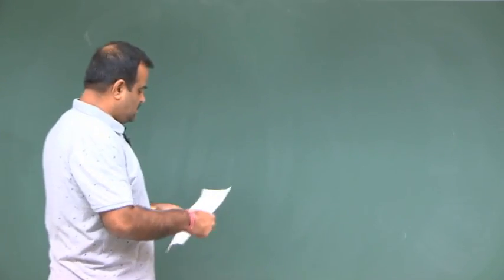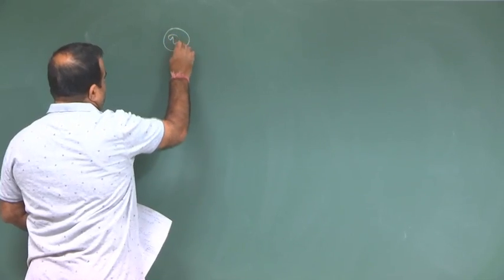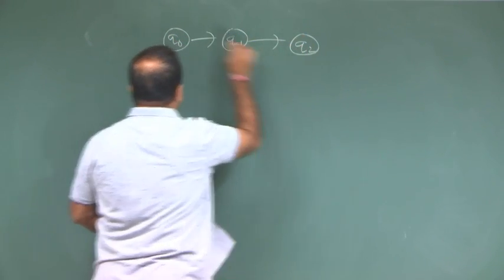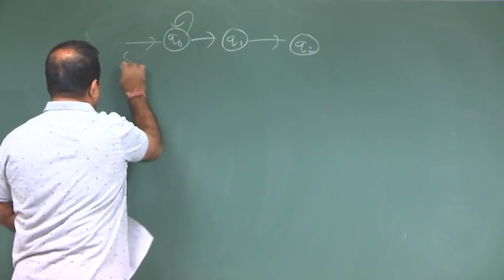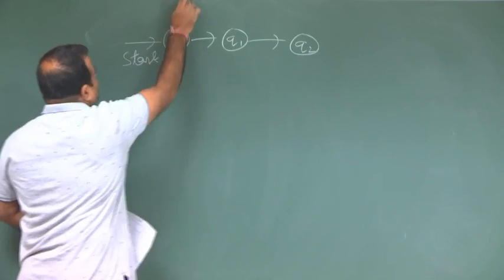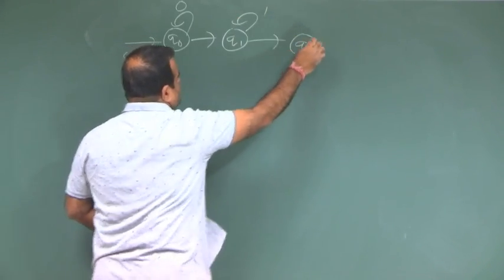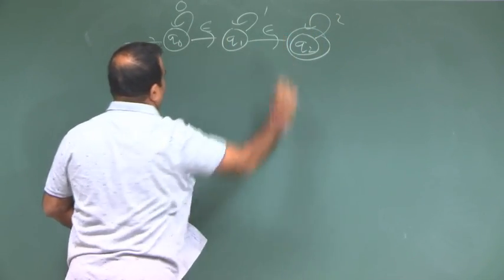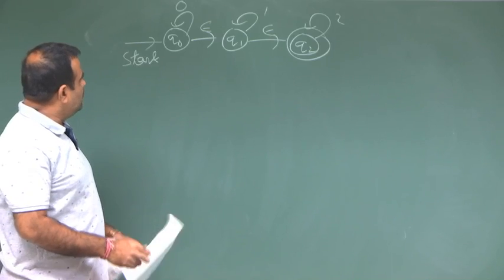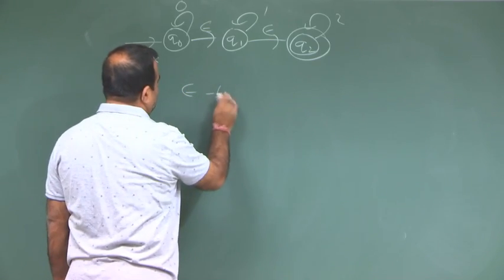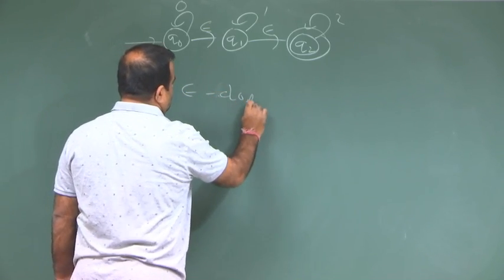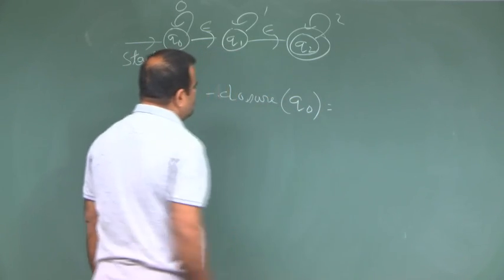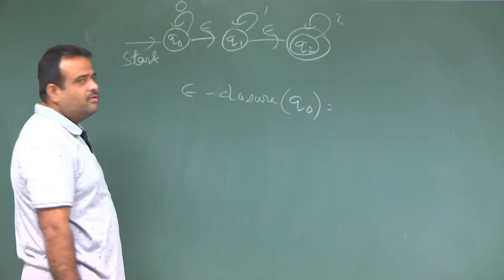If we take q0, q1, q2, and this is our starting state, this is 1, this is 2, this is epsilon move. Now suppose you want to find the epsilon closure of q0. It means from q0, with epsilon moves, wherever we can go.